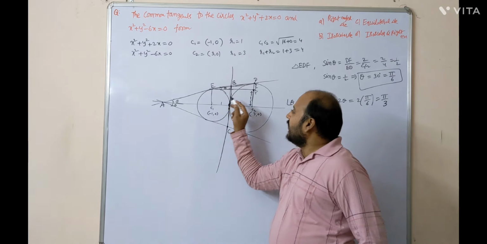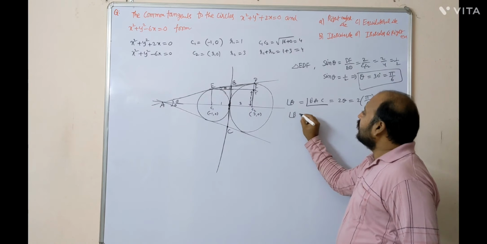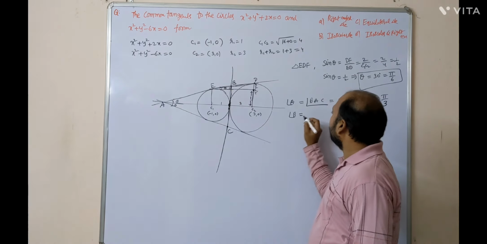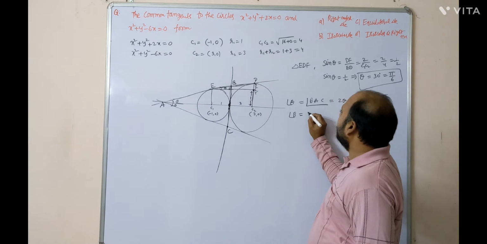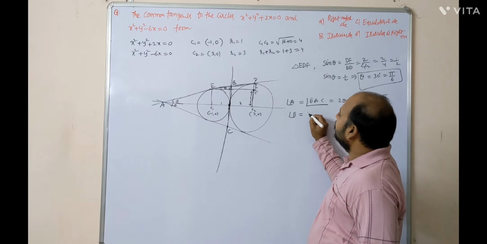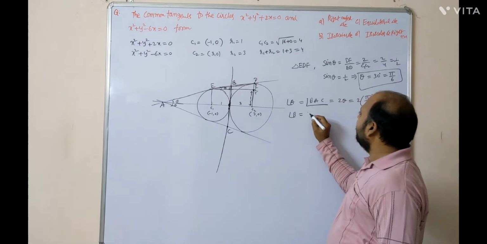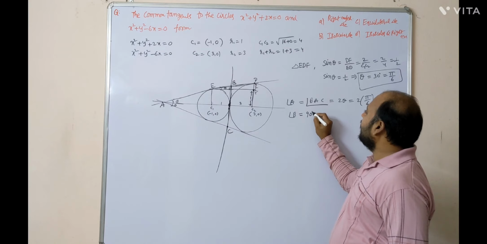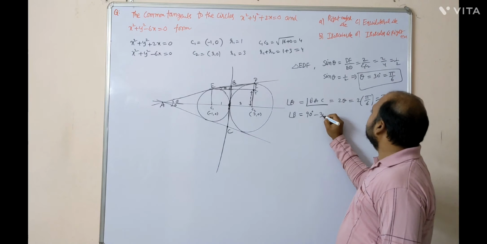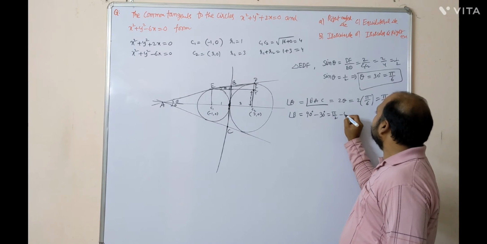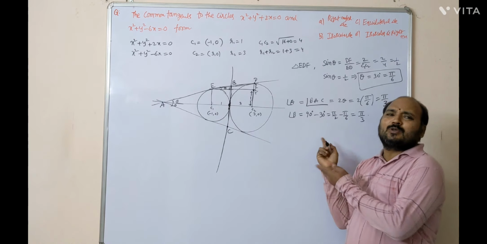So the remaining, angle B is equal to, observe carefully. Here it is 90 degrees now. So angle B is equal to 90 degrees minus this value 30 degrees. So pi by 2 minus pi by 6, that is equal to pi by 3. So angle B also we got as pi by 3.